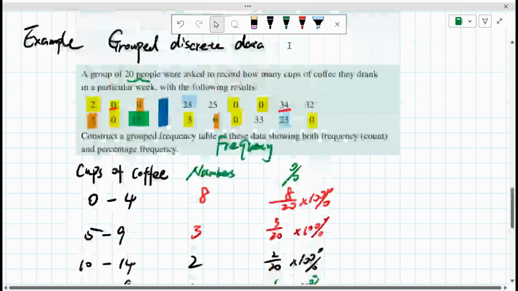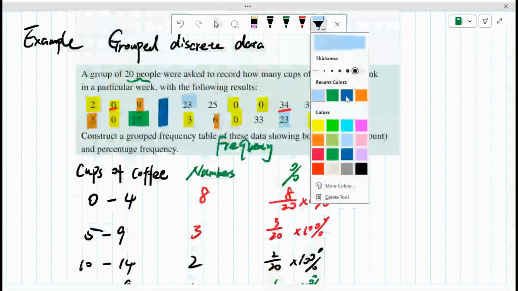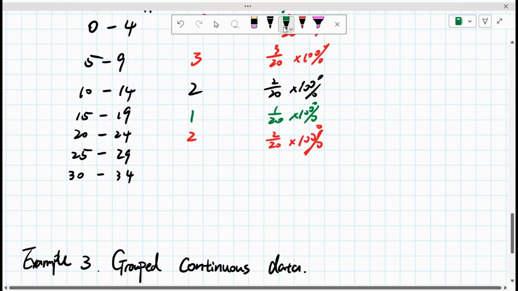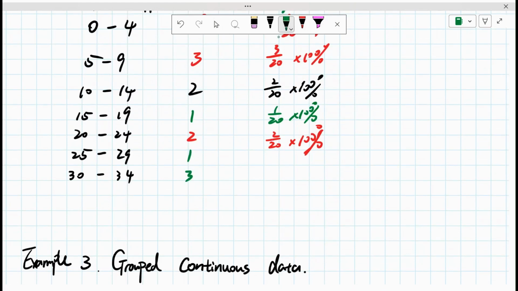And 25 to 29, that's only 1. Adding in total, that's 20, and that's 100%. So 3 over 20 times 100%, and 1 over 20 times 100%. All right, perfect.